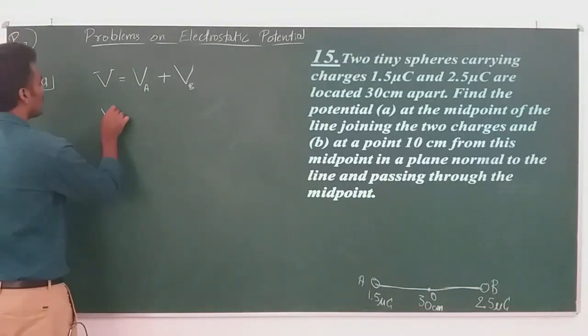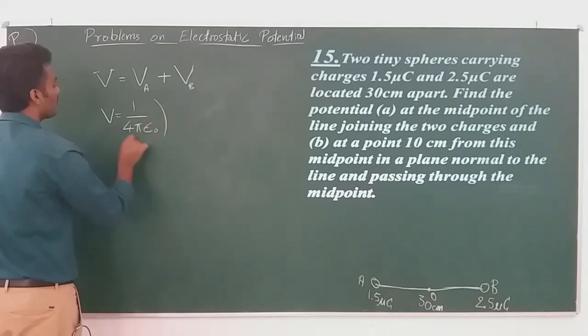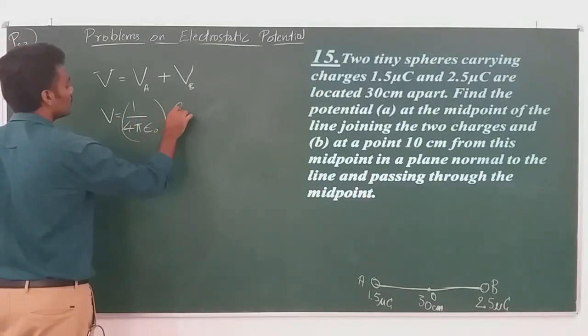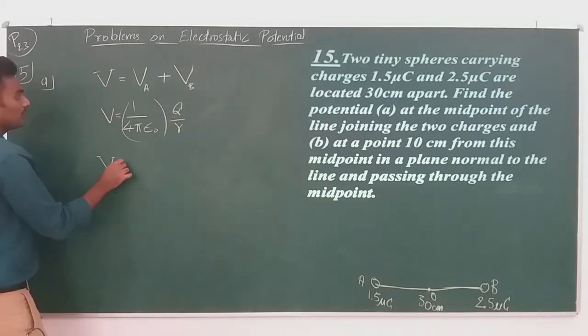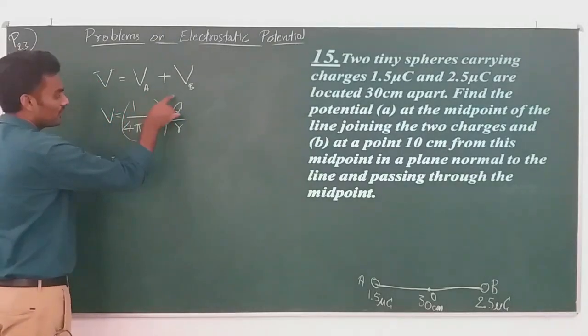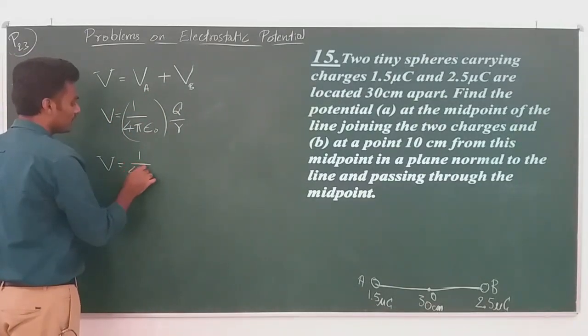Once I write the formula, V is equal to 1 by 4 pi epsilon naught Q by R. Now V becomes equal to, from these two, 1 by 4 pi epsilon naught is common. I will take that out.